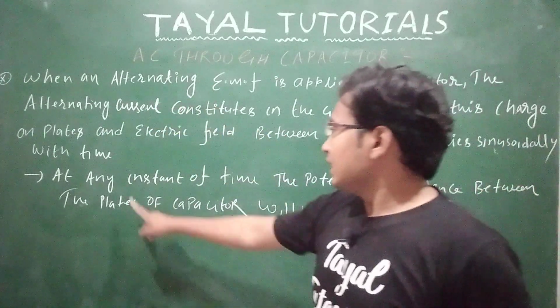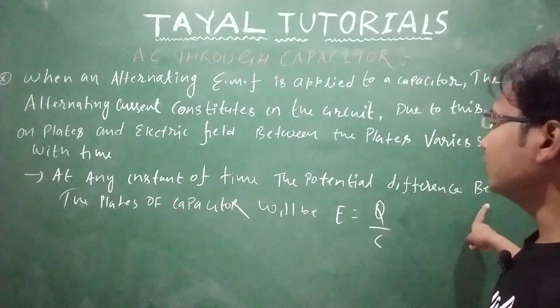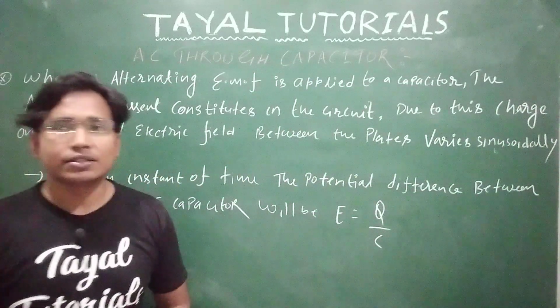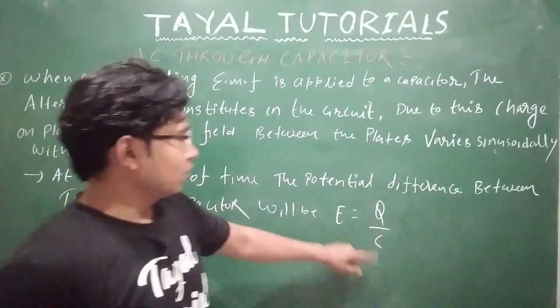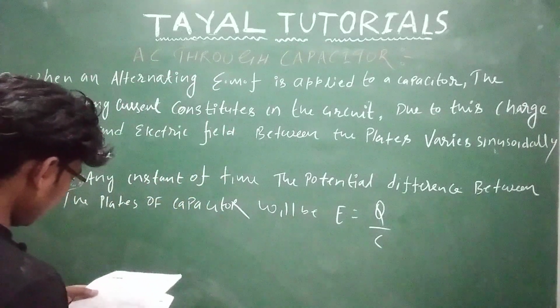Okay, at any instant of time, the potential difference between the plates of the capacitor will be given by E is equal to Q by C.